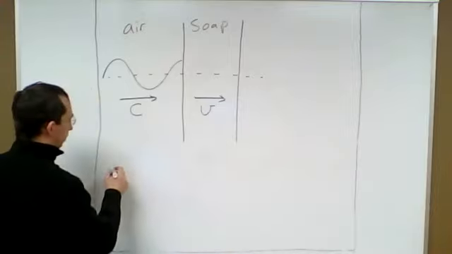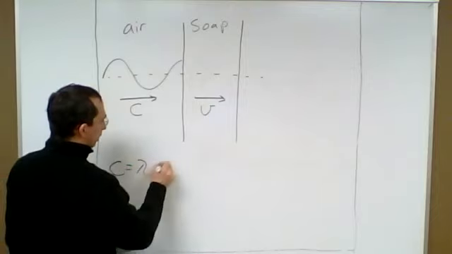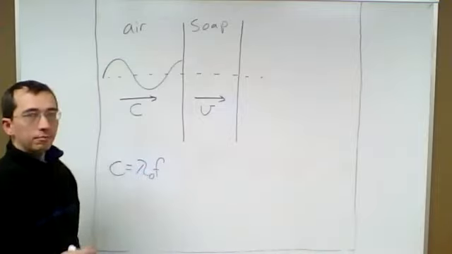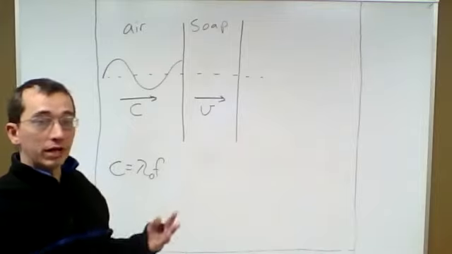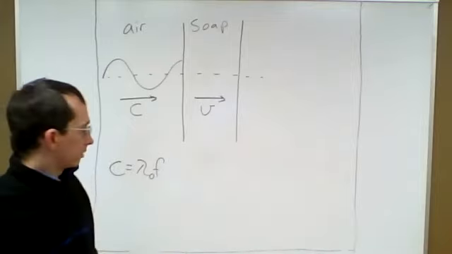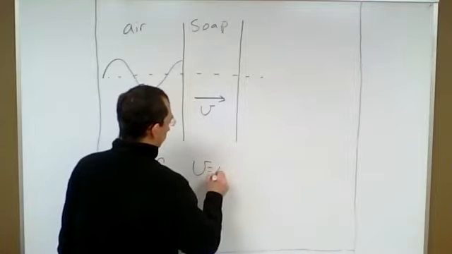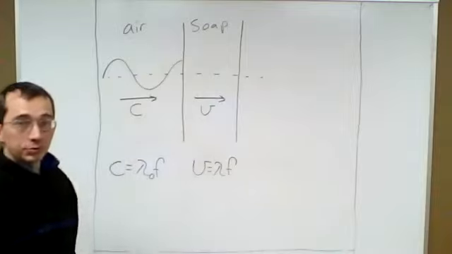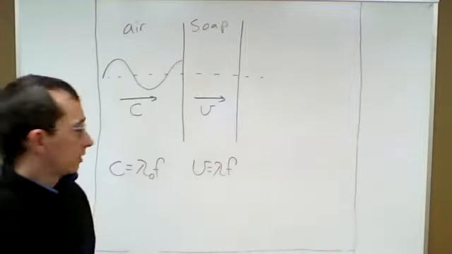Because remember, out here we have c equals lambda f, and I'm going to put a 0 here, meaning it's our vacuum wavelength. It's the wavelength that we would have in vacuum or in air. Again, very close. But over here, we're going to have v equals lambda f, and I'll leave that unsubscripted. It's the wavelength in the material, in the soap film.